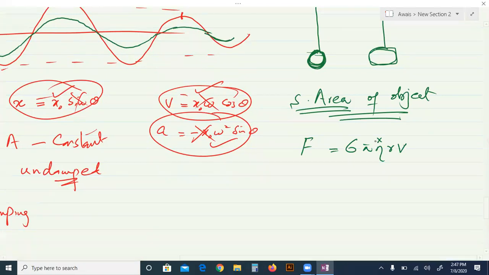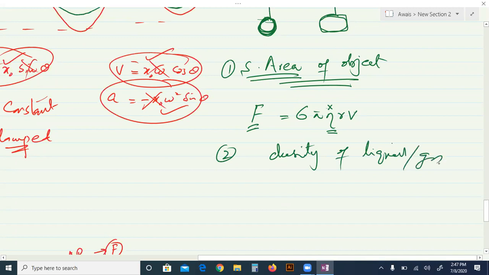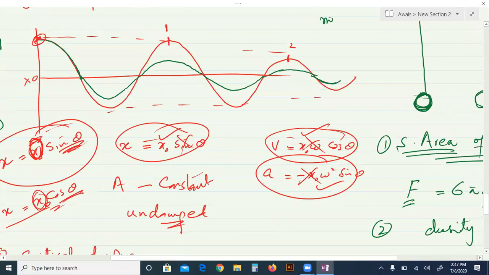So when humidity increases, viscosity increases, and so does the resistive force. So number one, by increasing the surface area, and number two, by increasing the density of the liquid or gas in which the object is oscillating. These are the two ways in which we can increase light damping of the oscillating system.